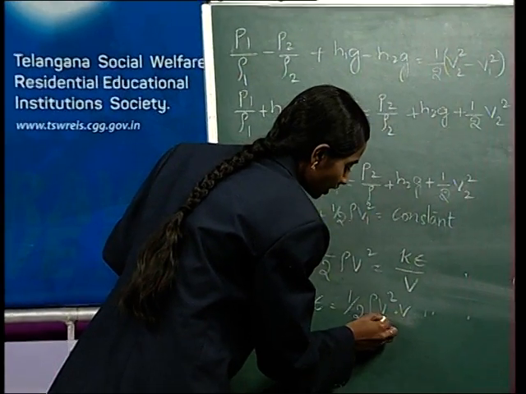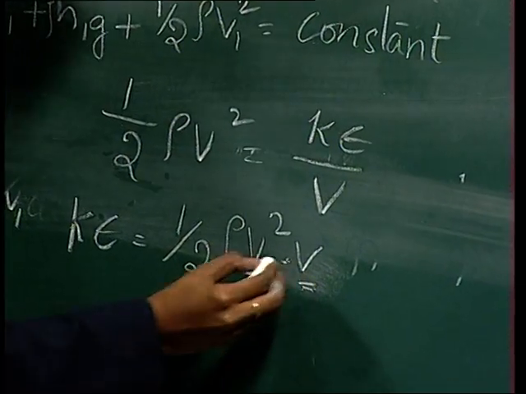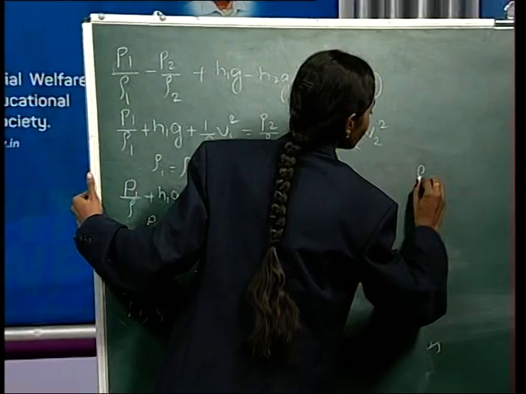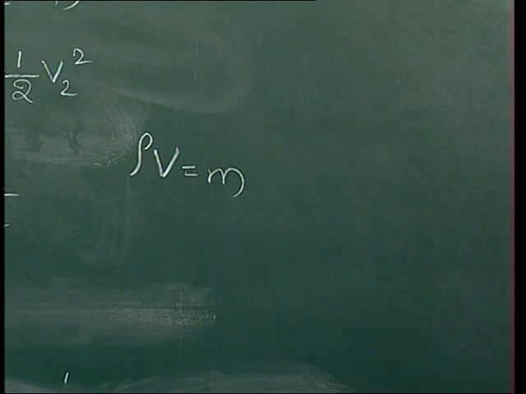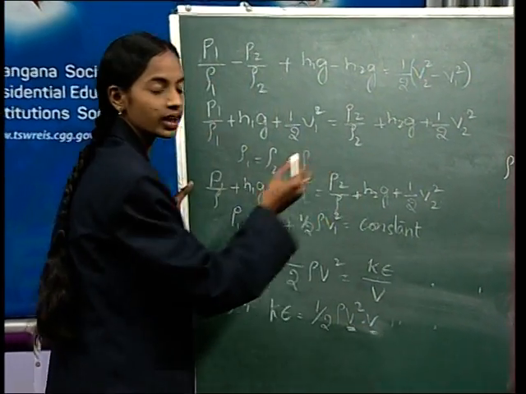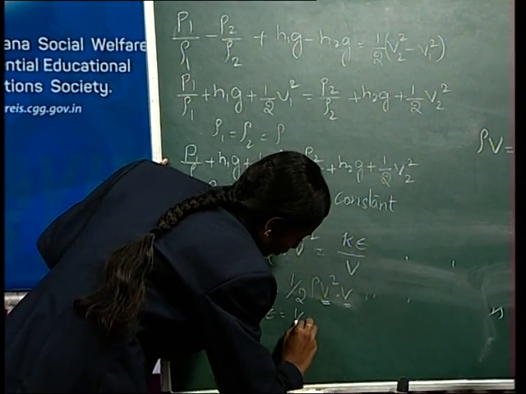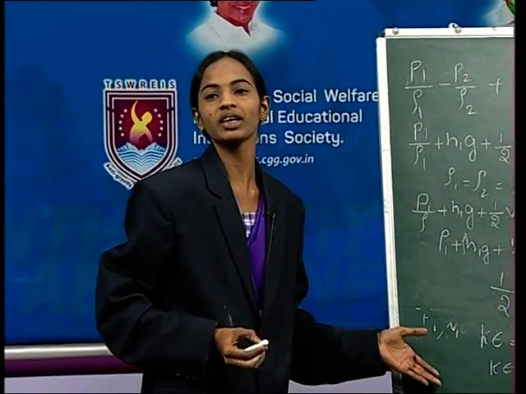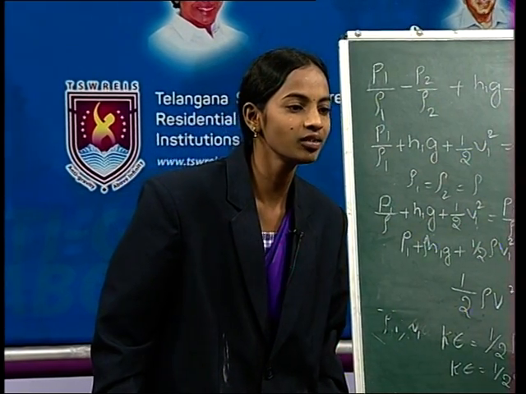Observe here, v indicates velocity and here v indicates volume, and we know that the product of density into volume is equal to mass. Instead of rho and volume we can write m, then we get KE is equal to half m v square, which is nothing but the mathematical formula of kinetic energy. Okay, is your doubt clear?